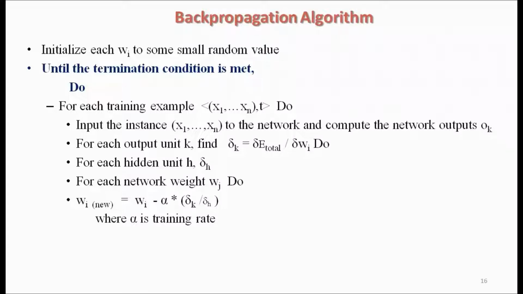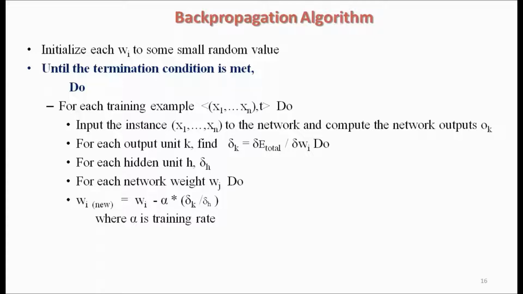For each training sample, we apply the input to the network and compute the network output. For each output unit k, we find delta k, that is the partial differentiation of E total with respect to the weight.